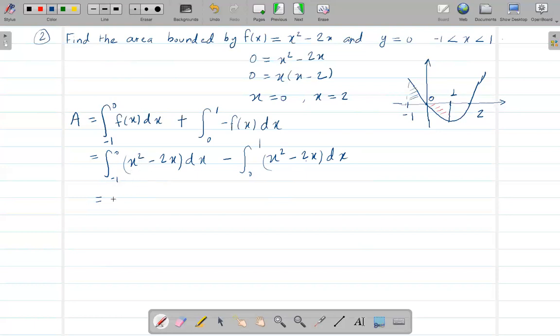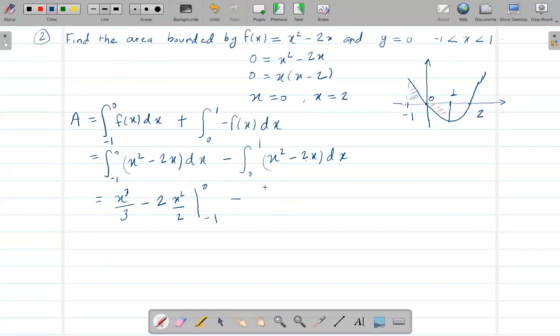If I take the integral of this, x squared will be x to the power 3, since 2 plus 1 is 3, over 3, minus 2 times x, which is x squared over 2, right? And this will be from -1 to 0.